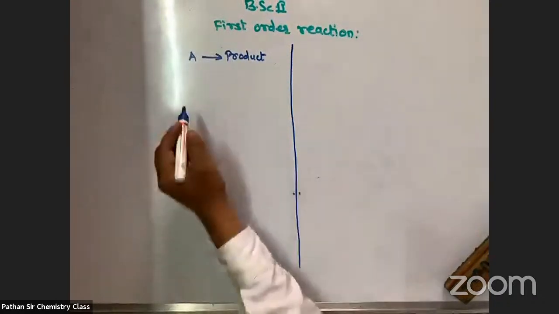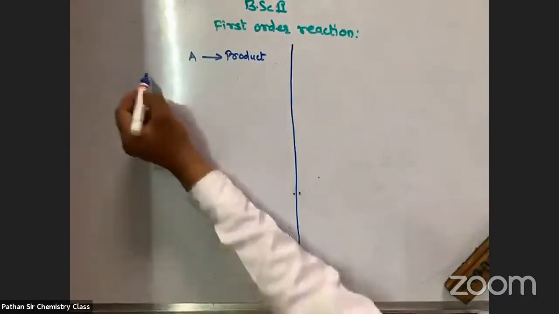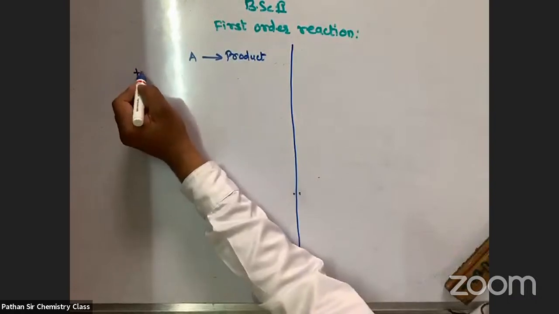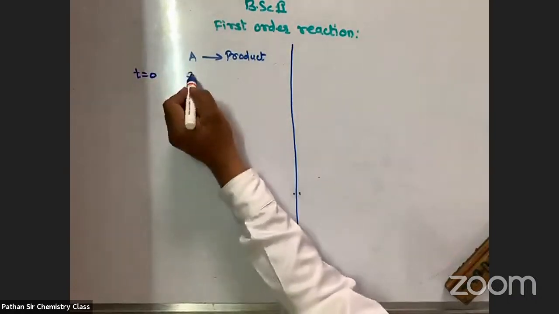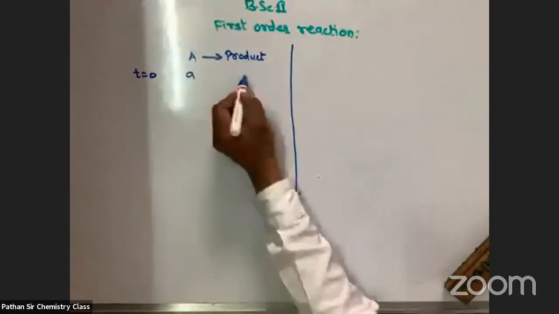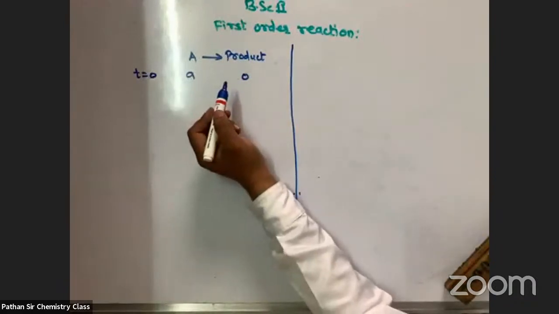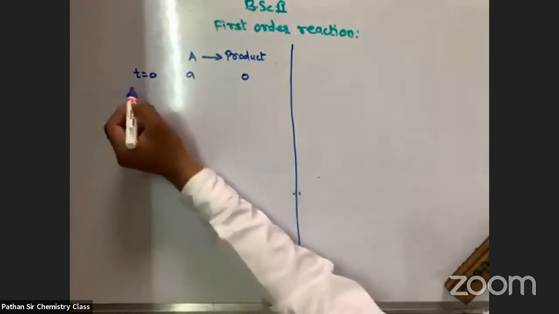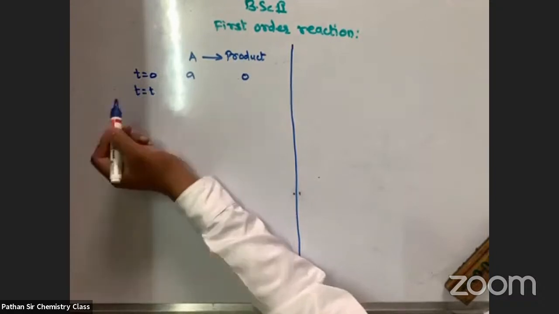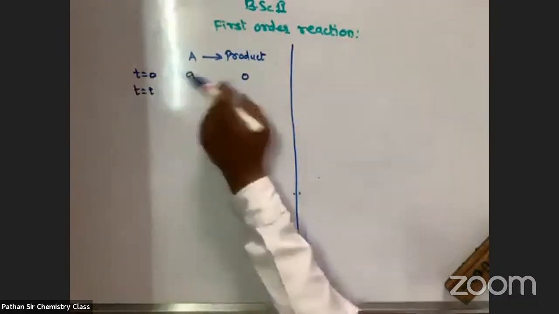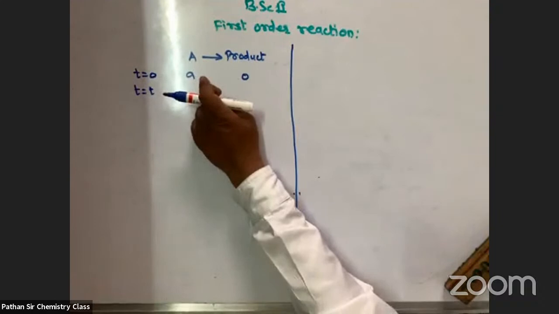Now, at the initial condition, when time was 0, the concentration of A is small a, and that of product is 0. This is the initial situation. At some time t, when the reaction proceeds, A forms product and the concentration of A decreases.